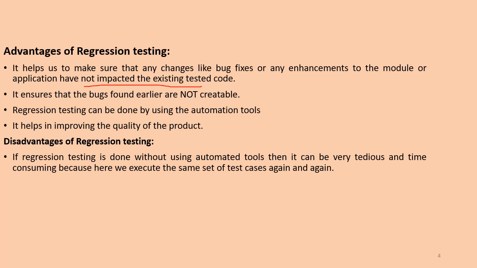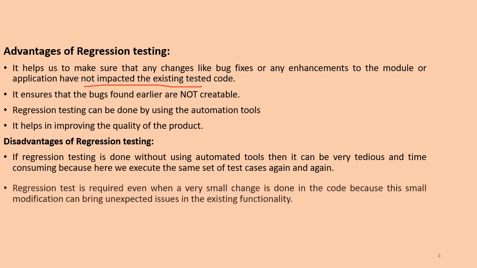Whenever you make some changes, you have to check all the test cases again. If you are making changes 5 times, and initially you run your code for 10 test cases, you have to do it 50 times. So you can see it's a very tedious task. If you try to do it manually, it will consume a lot of time. So using automation tools is good for performing regression testing.